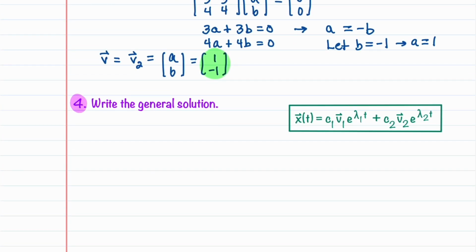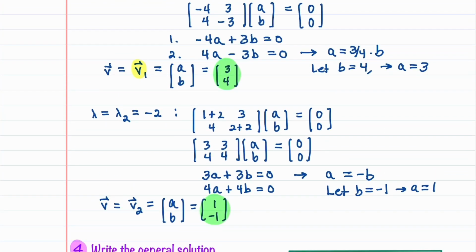Now we come to our last step. That is to write the general solution. Because we have two distinct real eigenvalues, our general solution looks like this. Our eigenvalues are up here in the exponent, and then our eigenvectors are right there. Our general solution then is x of t is equal to c1 times v1.